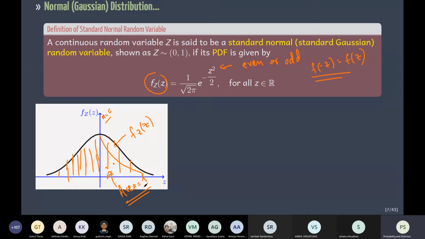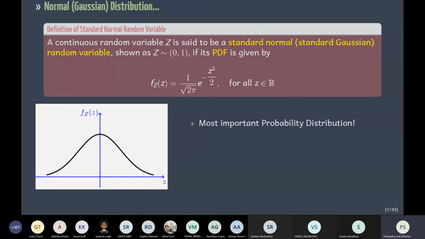So these are the facts we know: it's symmetric about the y-axis, and this symmetry will be very important in some of the proofs that we will do, because in some of the probability calculations we will use this symmetry a lot.